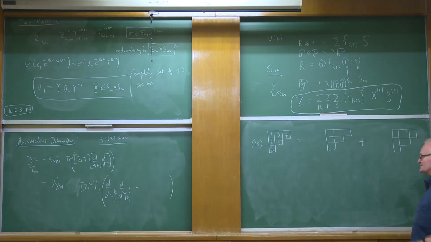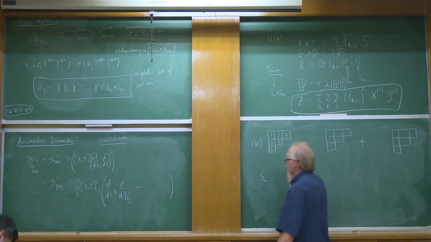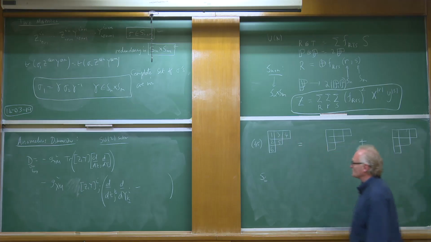So one thing that I want to just introduce now is an actual representation of the symmetric group. So let's say you have this representation. This is a representation of S6. One way to get the basis of states is to fill the Young tableau with integers from 1 to 6.